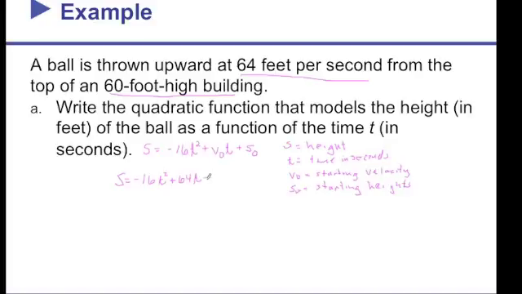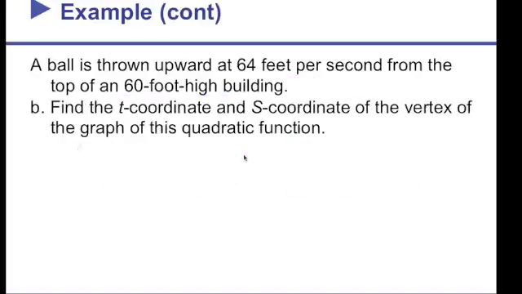From the top of the building, the starting height is 60-foot building. So here is my equation. So we have s equals negative 16 t squared plus 64t plus 60.